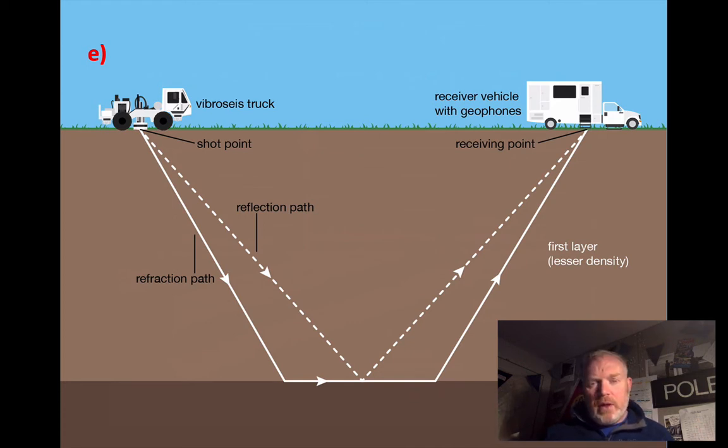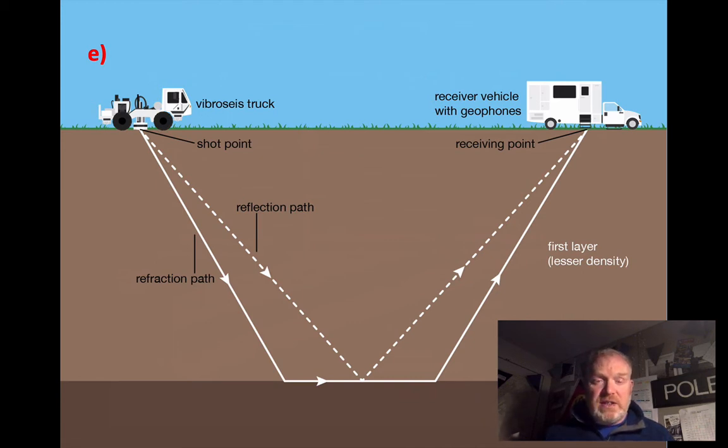And this will happen at different depths, and we can measure the time it takes for the wave to go from its source down to the layer within the ground, and then back to the geophone where it's received. We can measure that time.